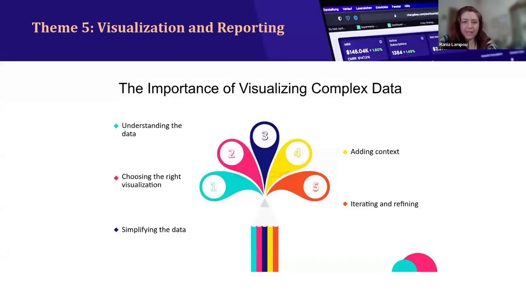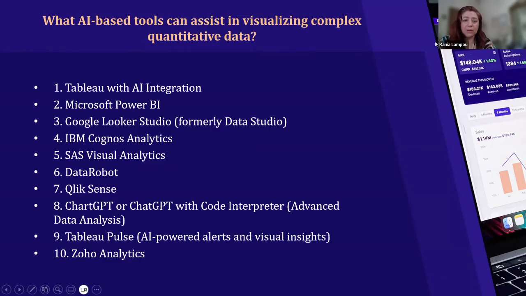And the visualization and reporting: what AI tools can assist in visualizing complex data. We have some of the most popular tools: Tableau with integration, Power BI, SAS Visual Analytics, DataRobot, Qlik Sense, Zoho Analytics. Several tools can assist in visualizing complex quantitative data, helping users to uncover patterns, insights, and trends.